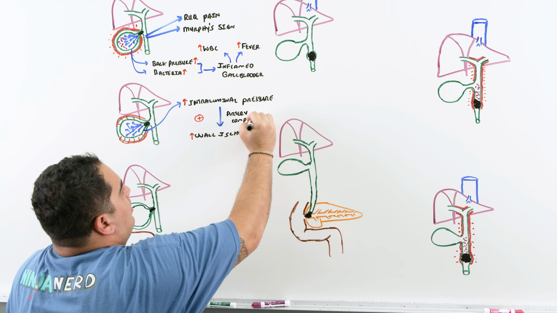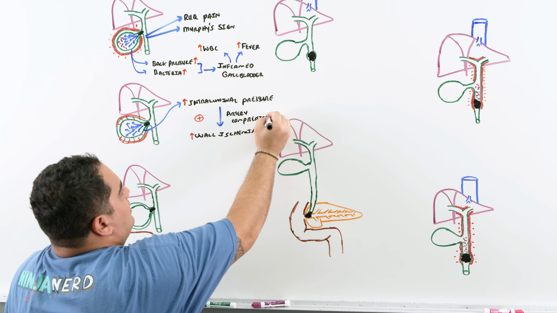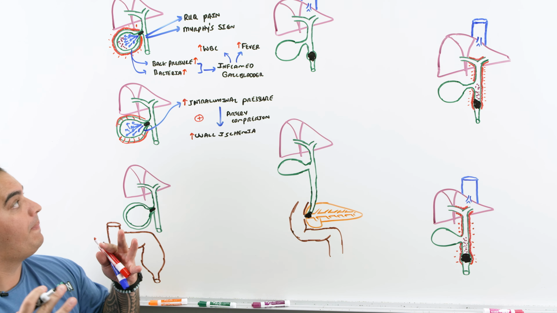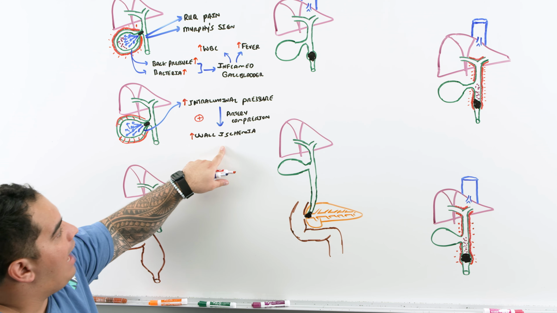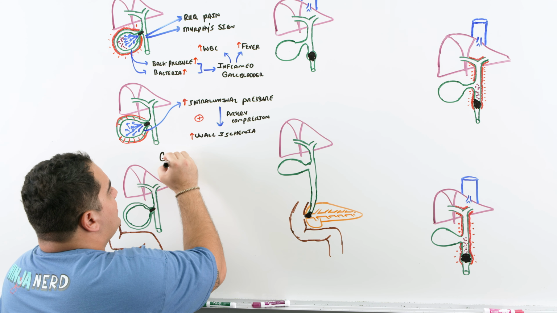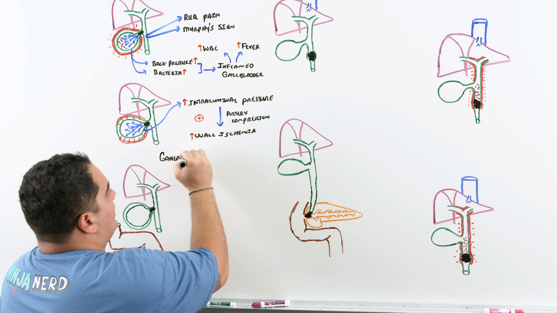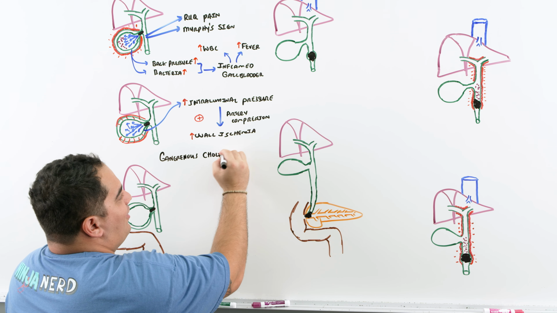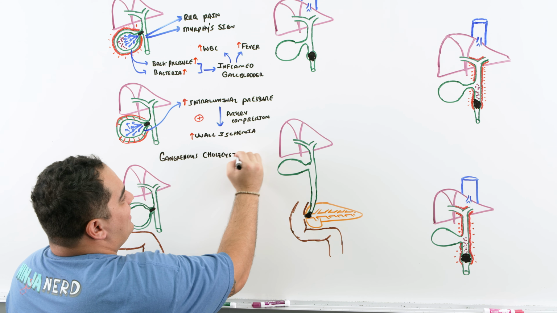You compress those arteries, you don't get the oxygen supply to the gallbladder, and it starts to become super ischemic because of the pressure. Now, when that happens, the terminology we use is gangrenous, because it's dying. It's an ischemic and dying gall bag, so this is an identifying factor of gangrenous cholecystitis.